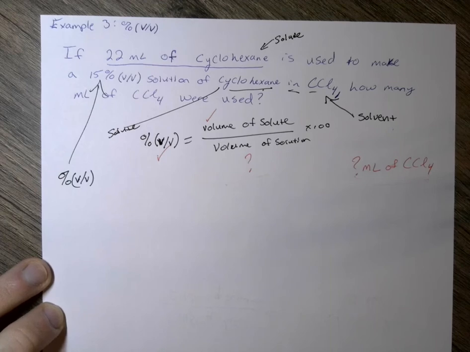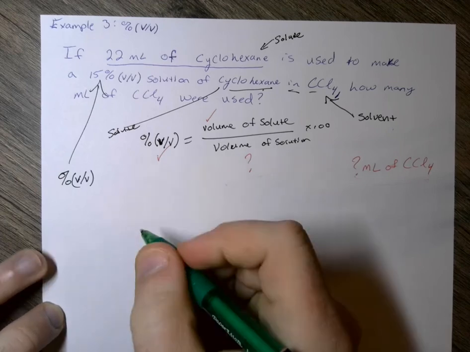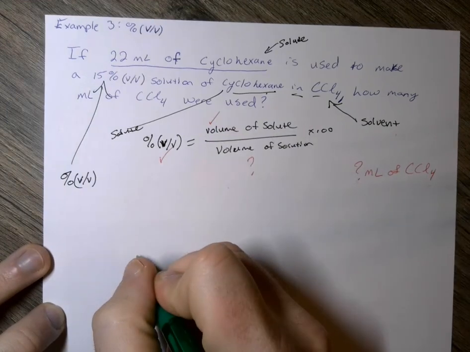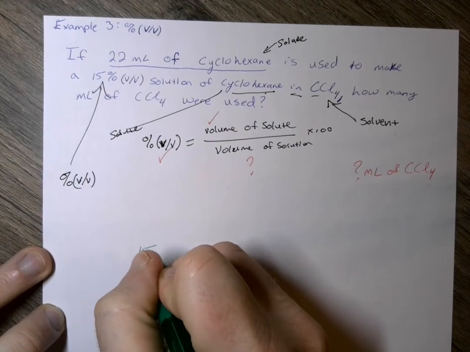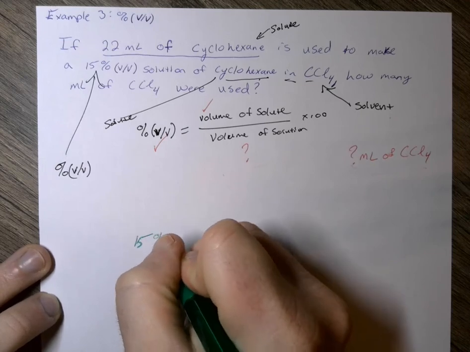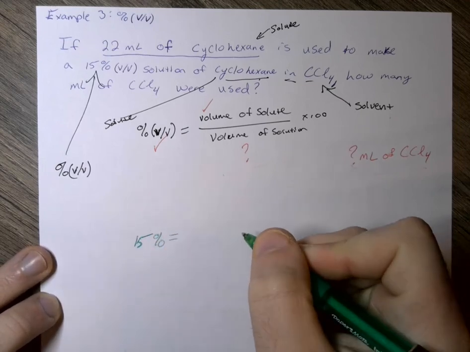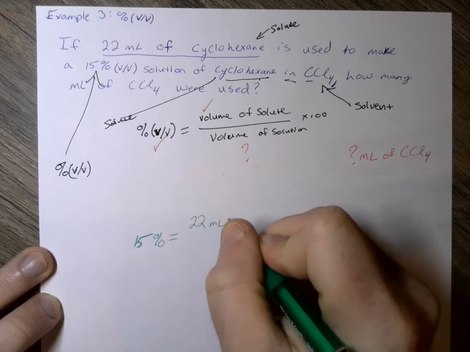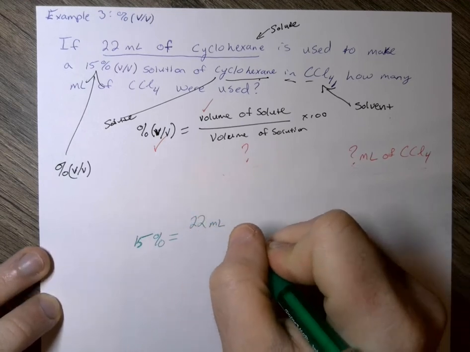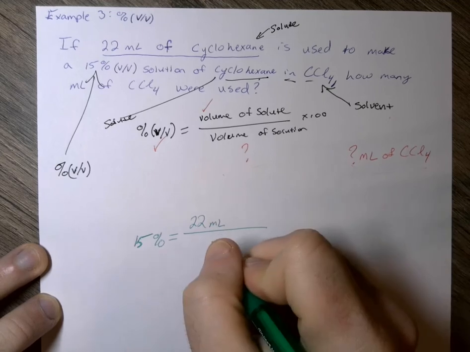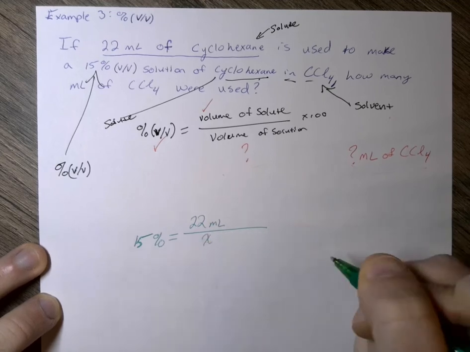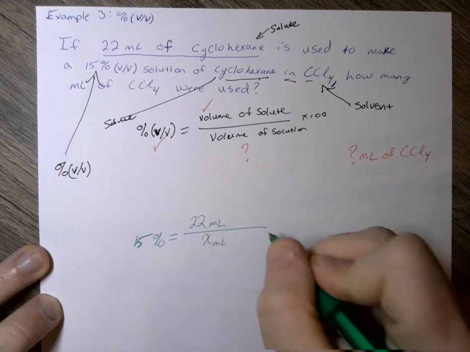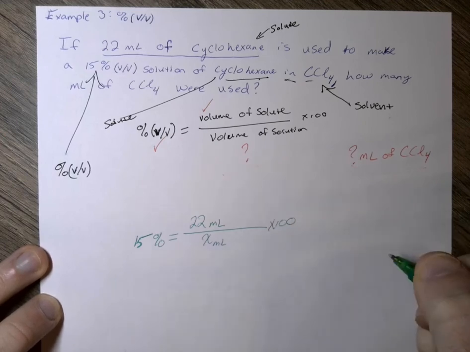We'll start off with taking our units and putting everything together. So 15% is equal to volume of solute, 22 milliliters, over volume of solution. I don't know that, so I'm going to replace that with a variable, x, milliliters, times 100.